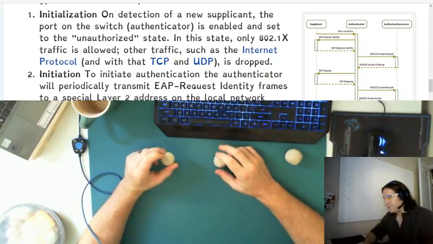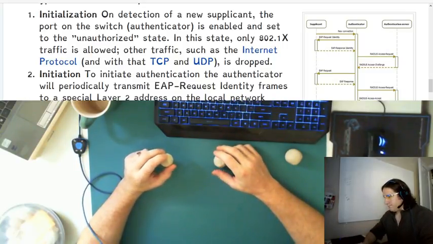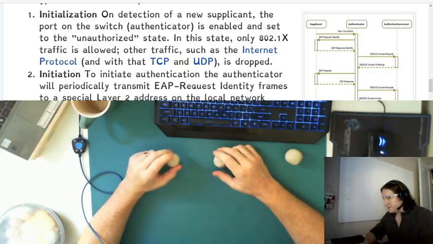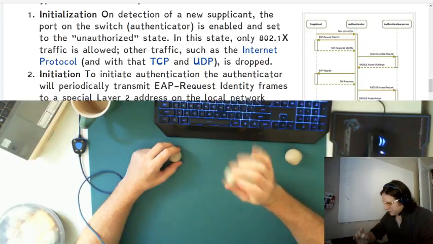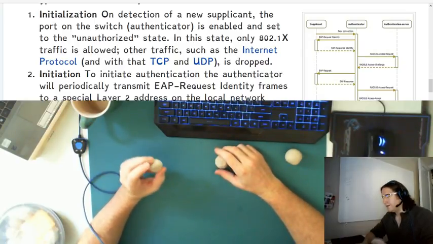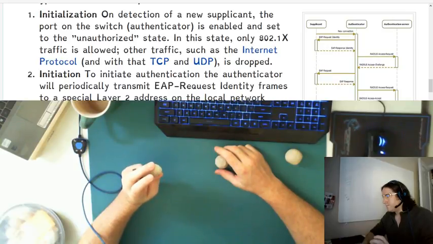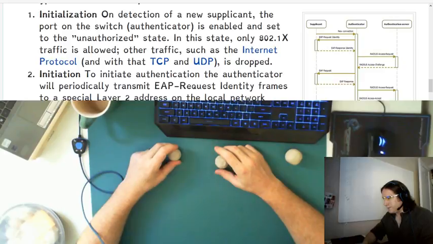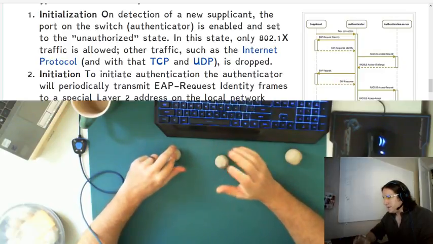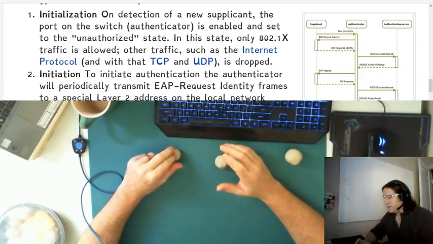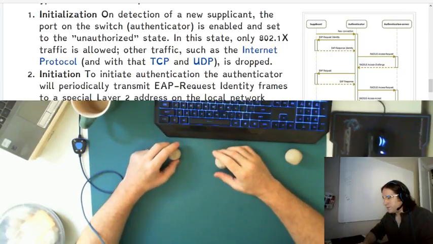The supplicant sends the response. The authenticator sends requests, and then the supplicant responds to that request, to the identity frame containing an identifier for the supplicant, such as a user ID.